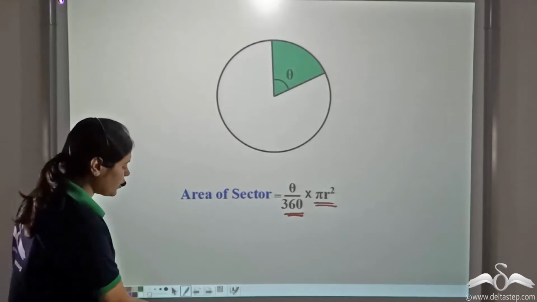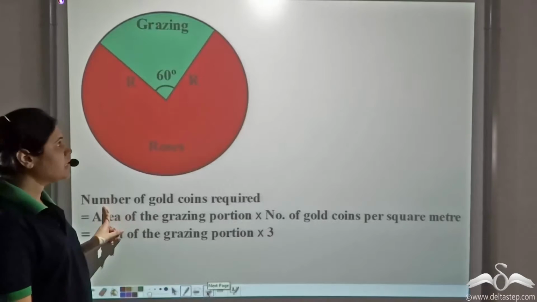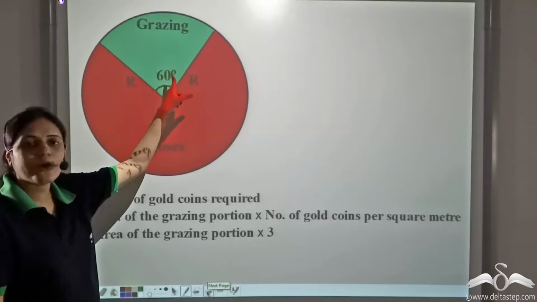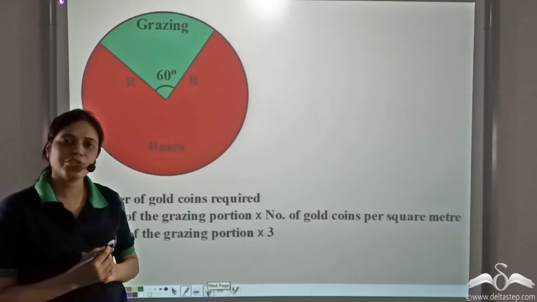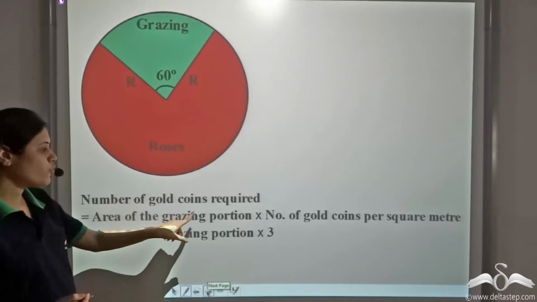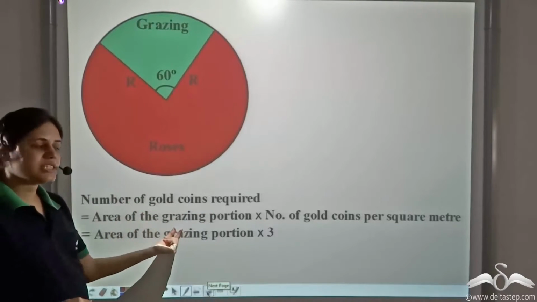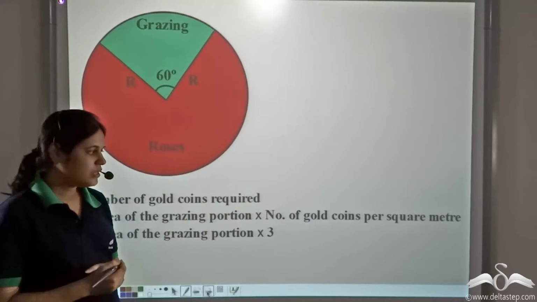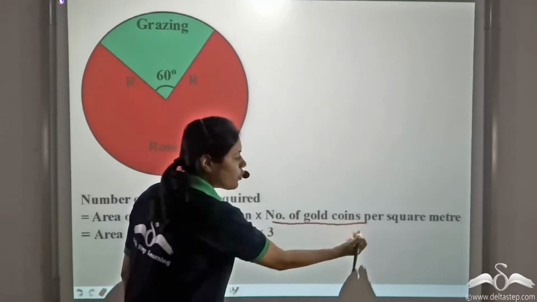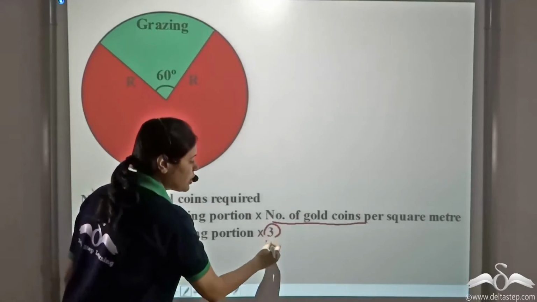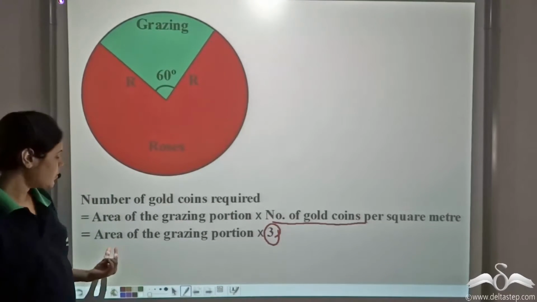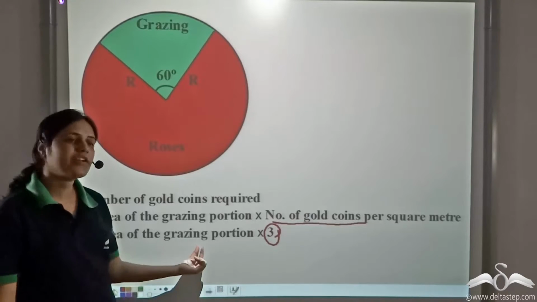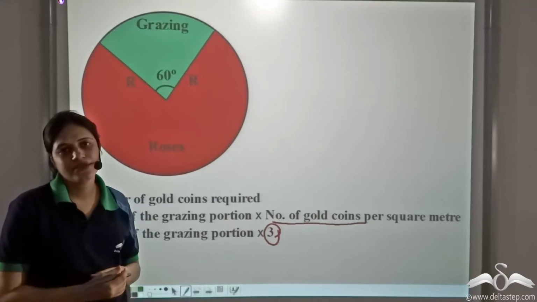So now coming back to our problem, we need to find the number of gold coins required for the grazing portion. Now the number of gold coins will be area of grazing portion into number of coins per square meter. We know that number of gold coins per square meter is equal to 3. So this is the area of grazing portion into 3.